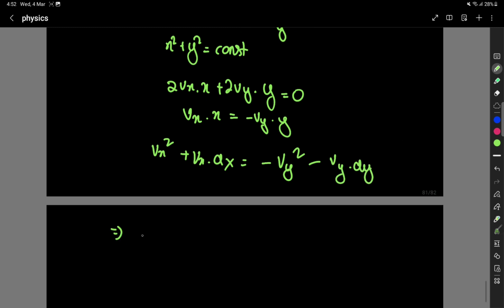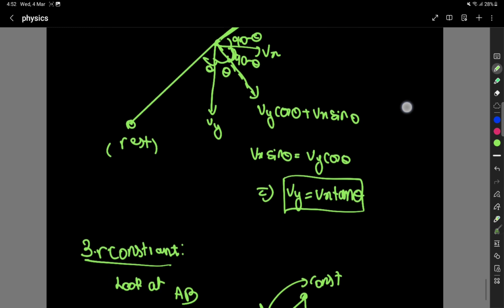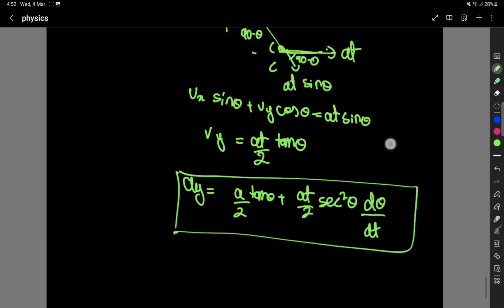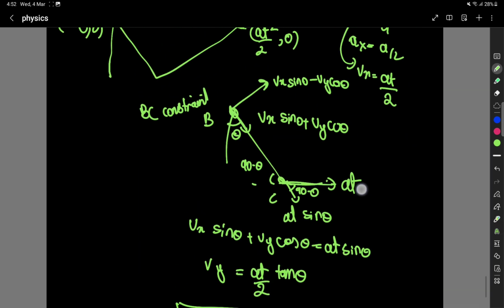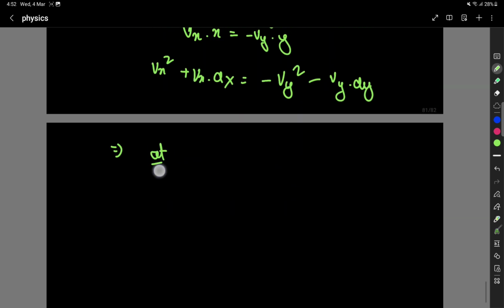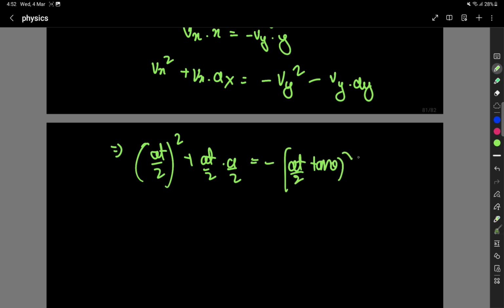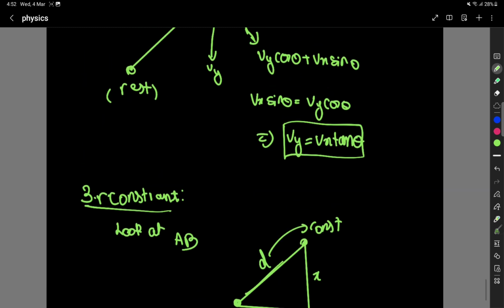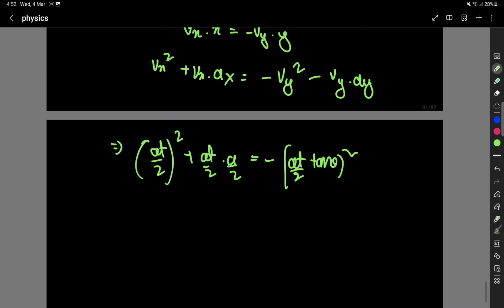From here, if we substitute some of those values which we got earlier, Vx is 80 by 2 whole square plus 80 by 2 into A by 2 minus of 80 by 2 tan theta squared, minus 80 by 2 Ay.